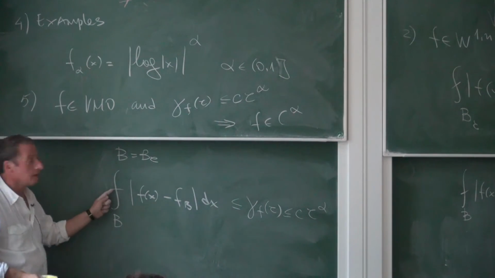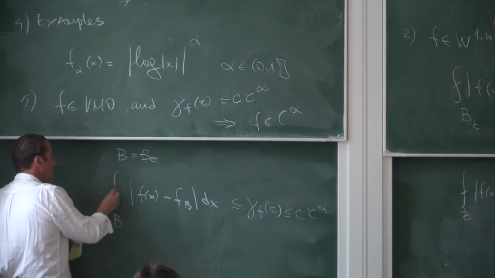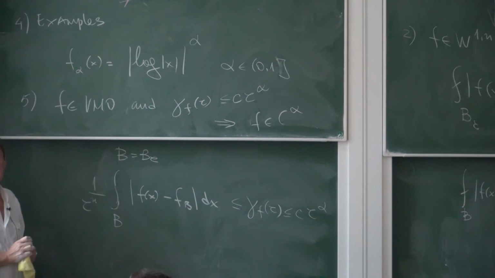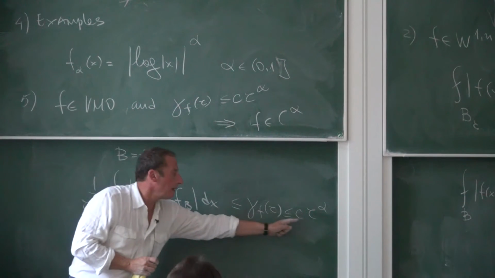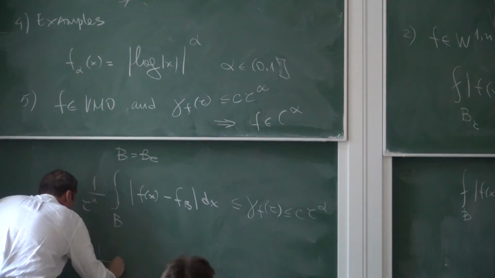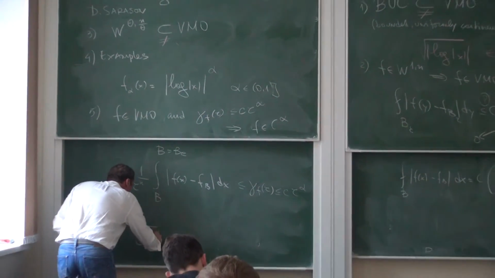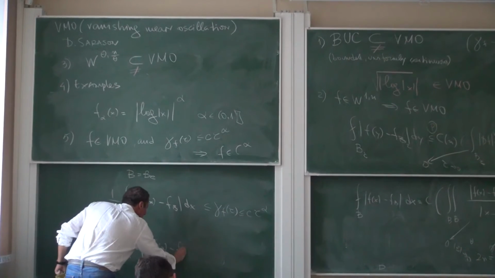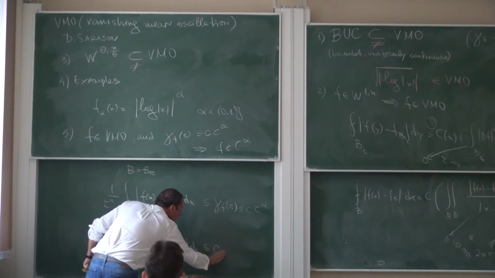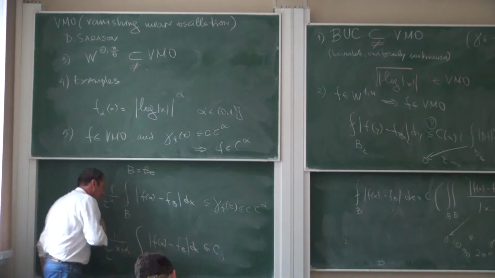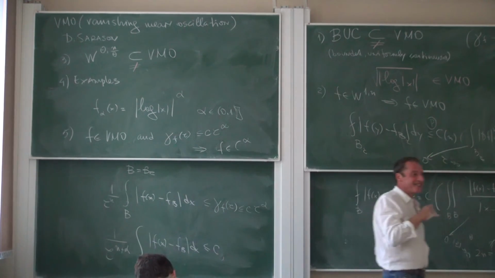Now this mean integral is comparable to 1 over r raised to n. Move this power to the left. So I will have 1 over r raised to n minus alpha, the mean oscillation, less than some constant c. Exactly, n plus alpha, n minus alpha. It's like my students do.